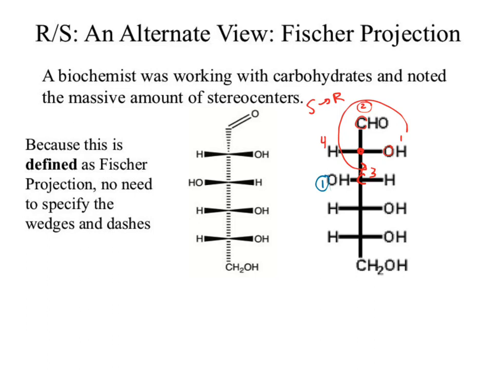I got 1, right? You know, 1 out of 4 ain't bad. The hydrogen was the 4. That one's 2, that one's 3. 1, 2, 3, which would say R, but I'm looking at it backwards, so it becomes S.